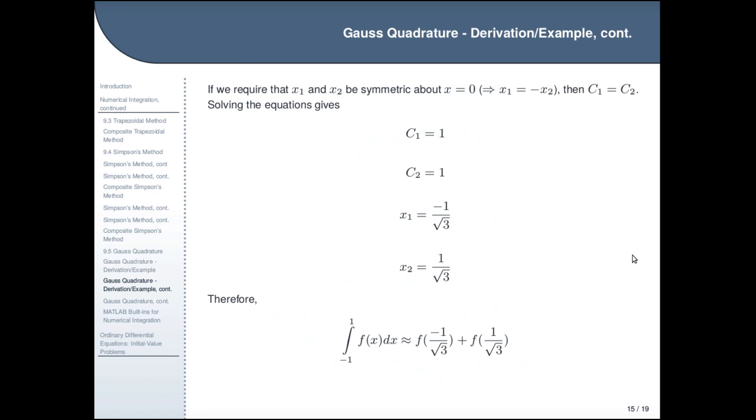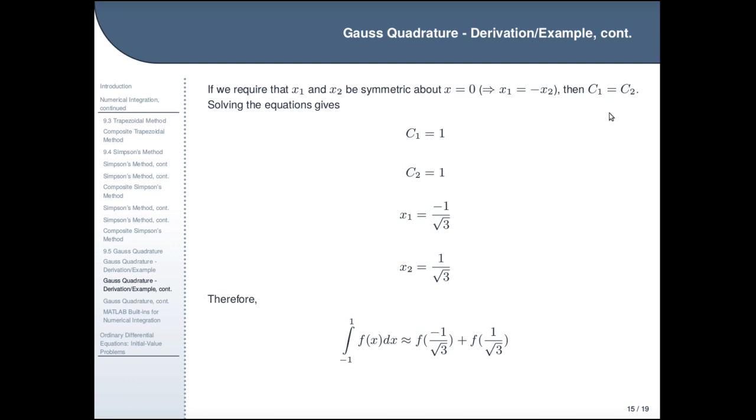Now, normally if we're trying to do the Gauss quadrature method, we may require that x1 and x2 be symmetric about the value of x equals 0. So I would say that x1 is equal to the negative of x2. If that's the case, then we force our weights c1 and c2 to be equal to each other.